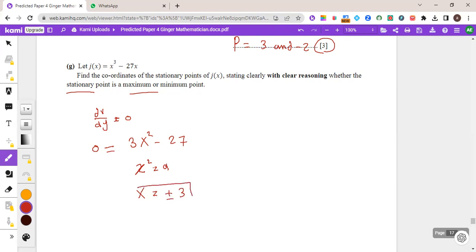We need, Ahmed, to determine which is a maximum or minimum. How can I do it? We'll do second differentiation. Yes, you need to make a second differentiation.